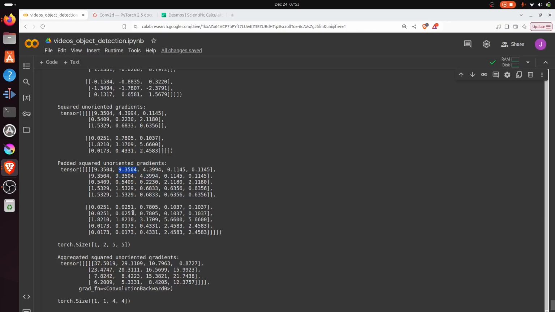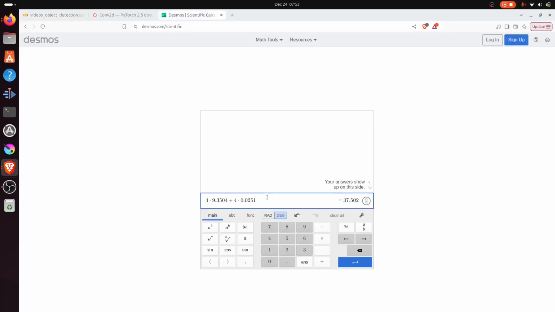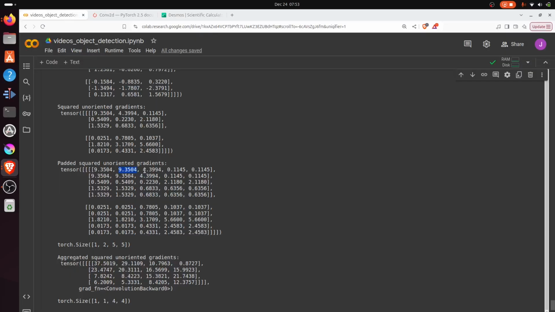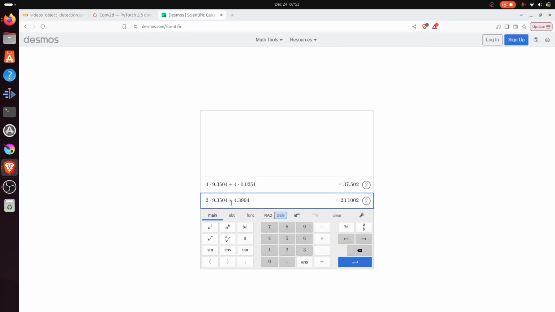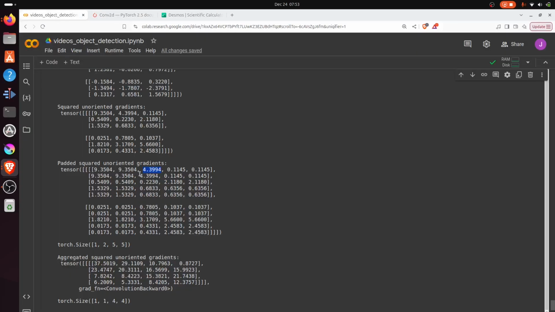So we take this, and now it's just twice in that block, so 2 times this number, and we do the same here, because we again have this number twice. Let's take that, and now we need to add that to the second half of the tensor. Here we have these 4 numbers.